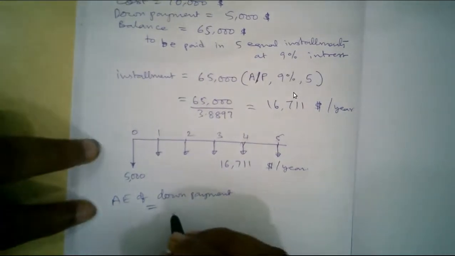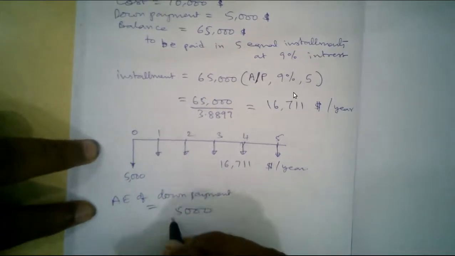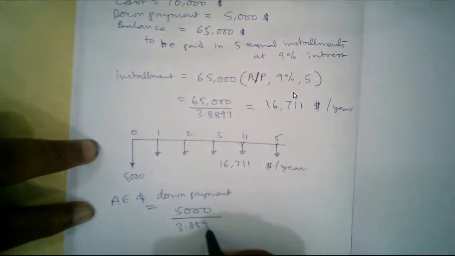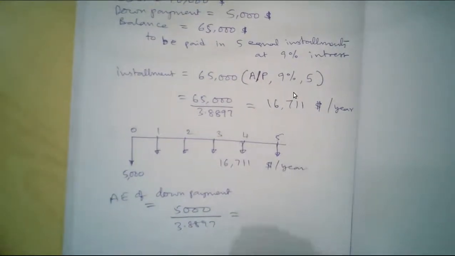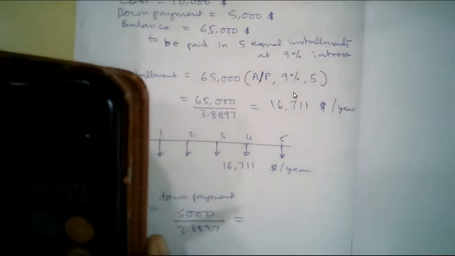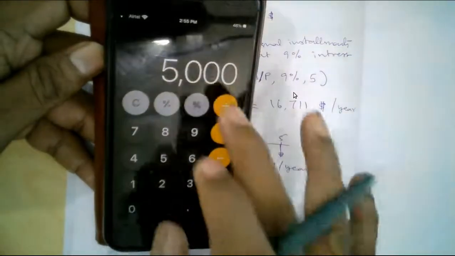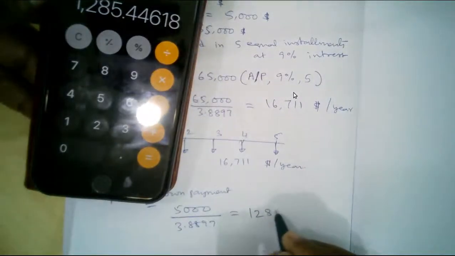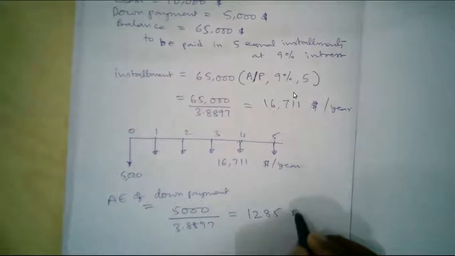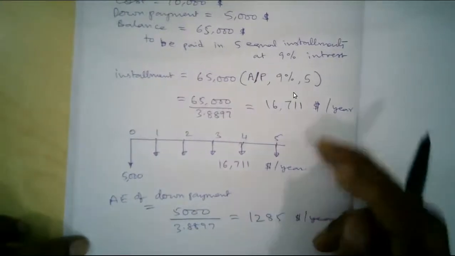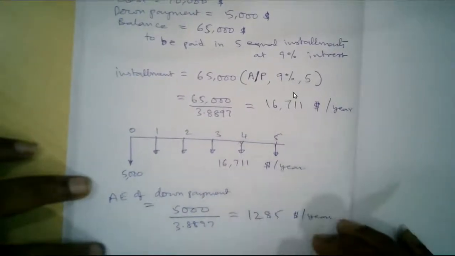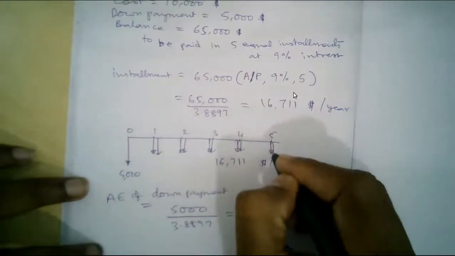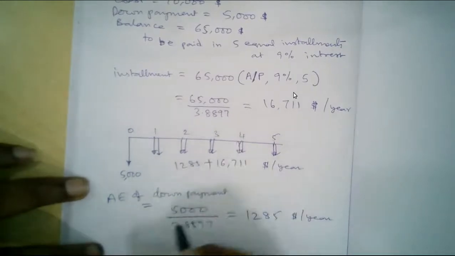That is simply 5,000 divided by the same 3.8897, which gives 1,285 dollars per year. Now if I add these two, I will get the total. This 1,285 will be added exactly parallel with this.